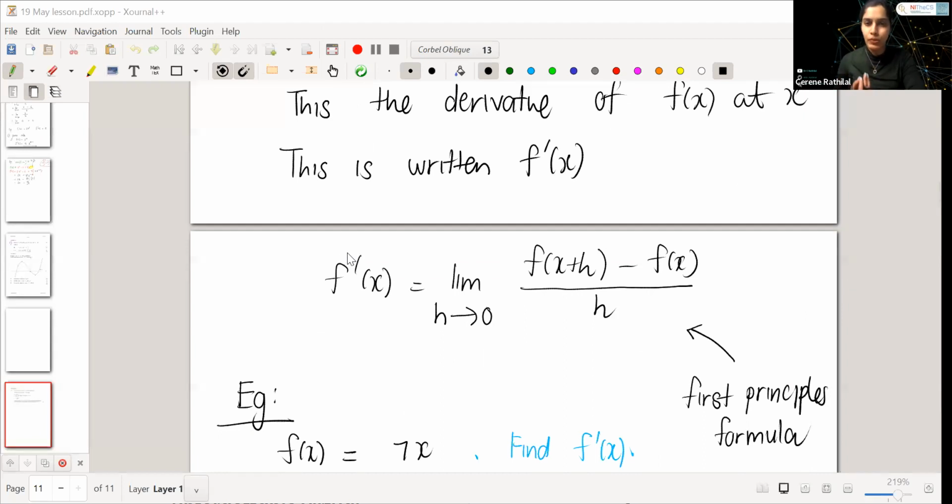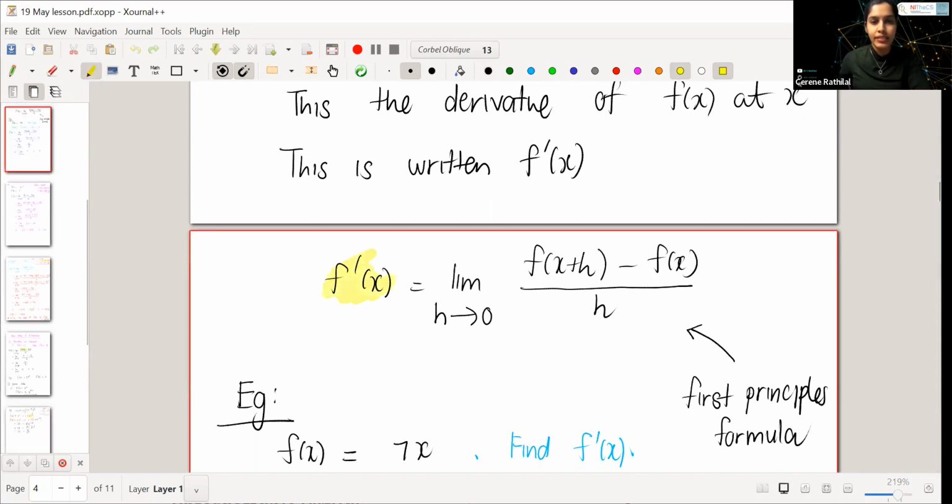The first principles definition is equal to the limit as h approaches 0 of f of x plus h minus f of x, all divided by h. So this is what we had seen, right? That's what we had learned.